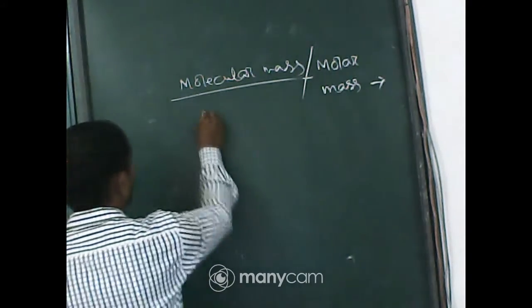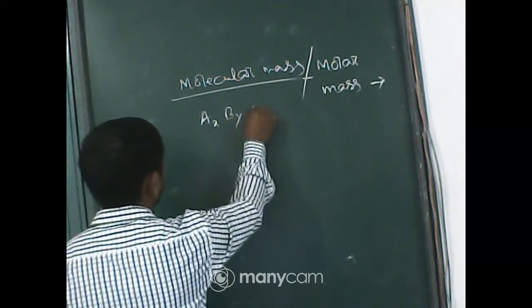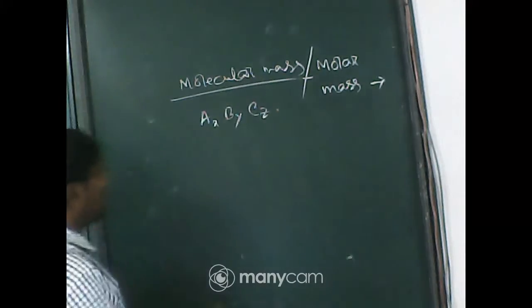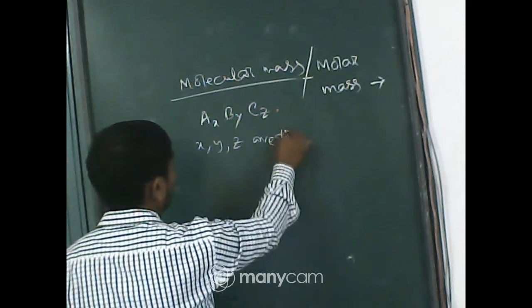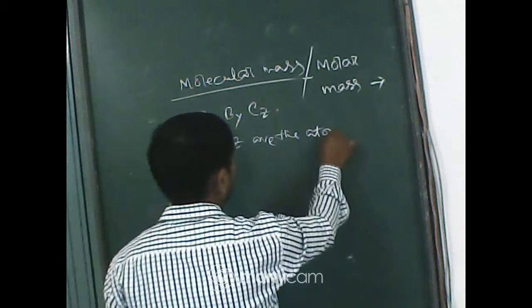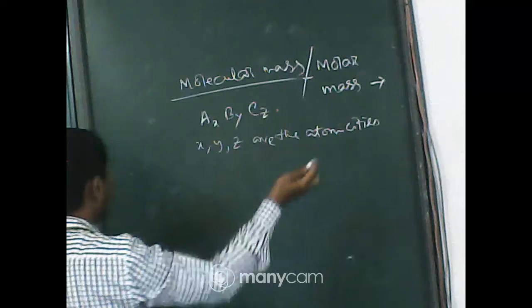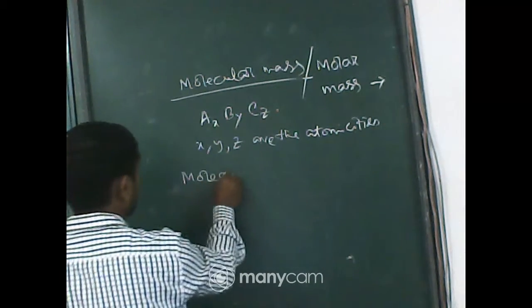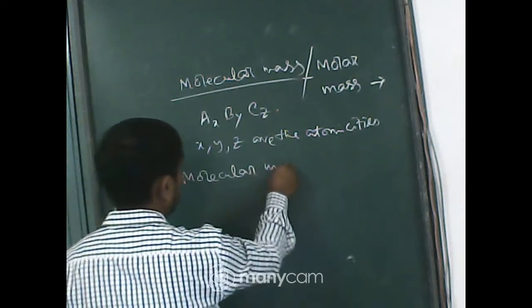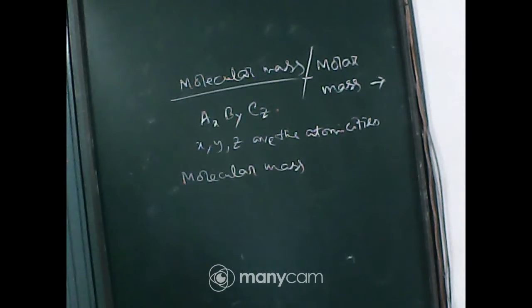Now I am writing down one general formula, AxByCz. Here x, y, z are the atomicities of the individual elements, that is A, B and C respectively. So for the molecular mass, the atomic mass is also required here.